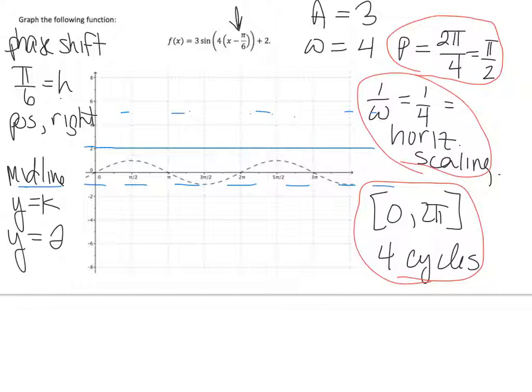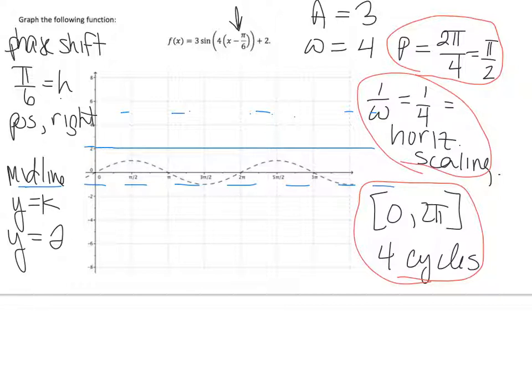Okay, let's look at our phase shift. So we're going to go pi over 6, which is positive and to the right. If we see, here's pi over 2, that's 0.5 pi. Pi over 6 is about 0.2. We're going to start somewhere about right there.